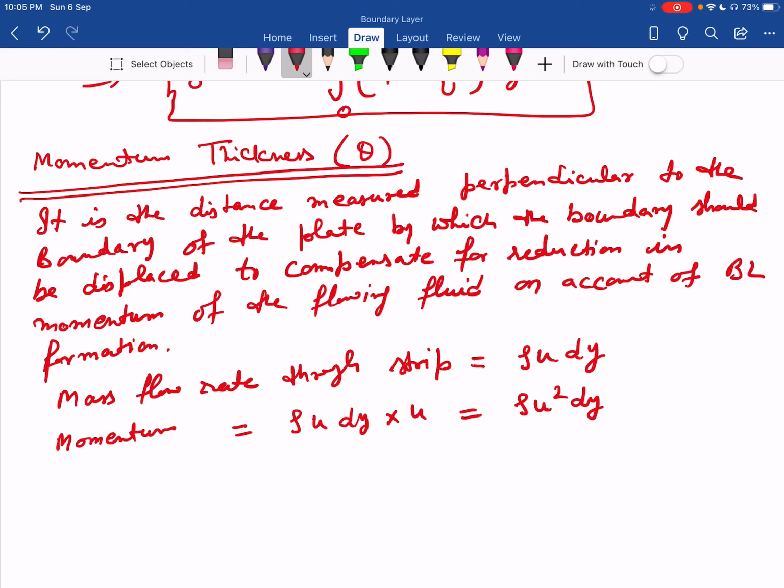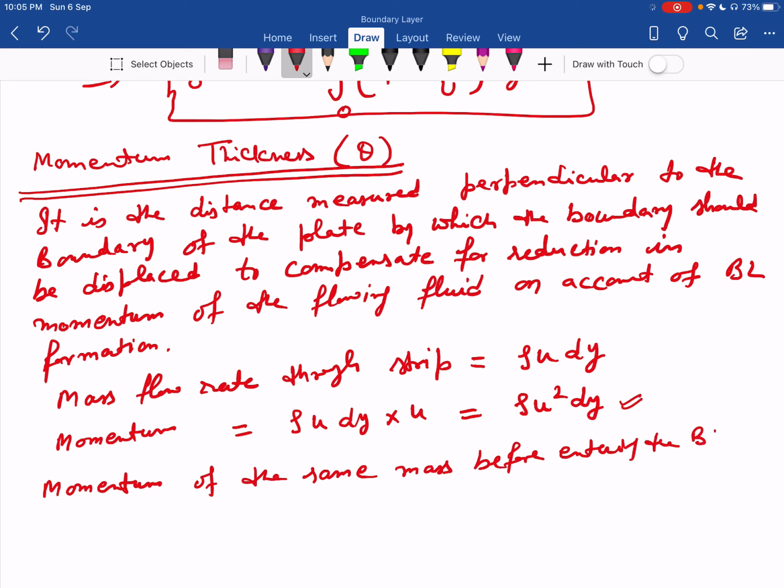Okay, so this is the momentum of fluid when it is in the boundary layer. Now I can write again the momentum of the same mass before entering the boundary layer.